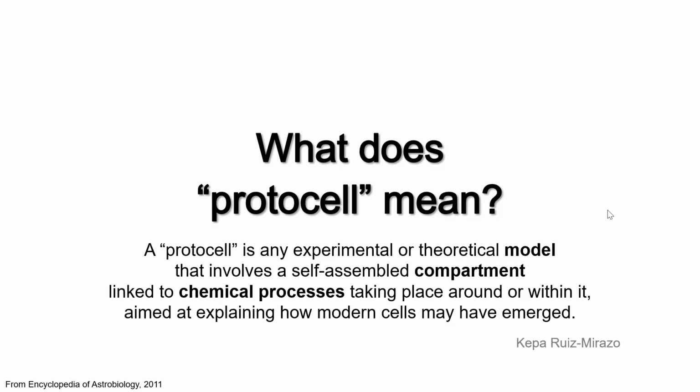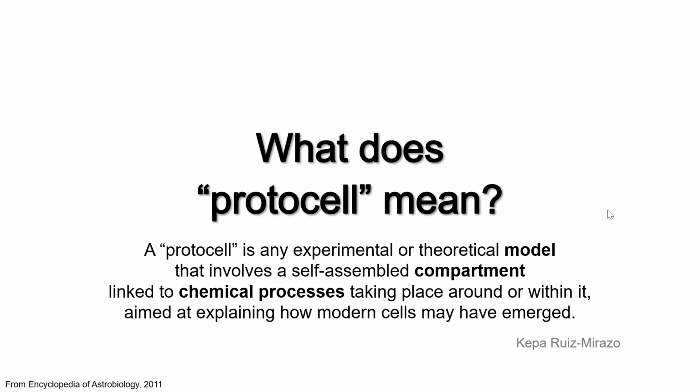So I looked at the Encyclopedia of Astrobiology, and I looked at the definition that a prebiotic systems chemist who works in Spain, Kepa Ruiz Mirazo, provided for the word protocell. According to him, protocells are any experimental or theoretical models that involve a self-assembled compartment linked to chemical processes.